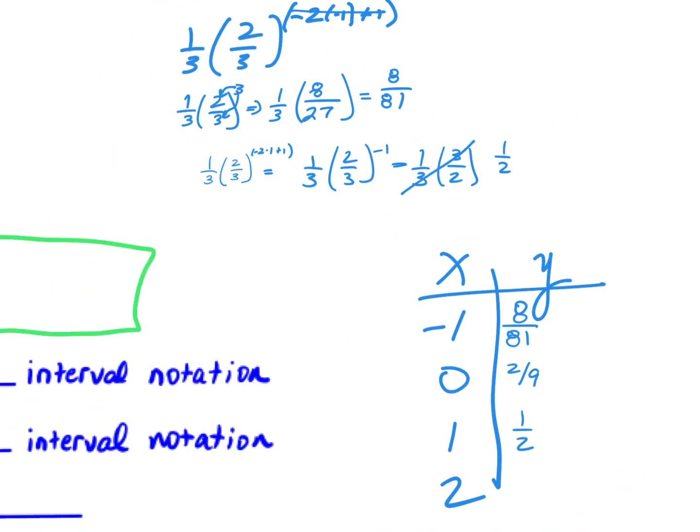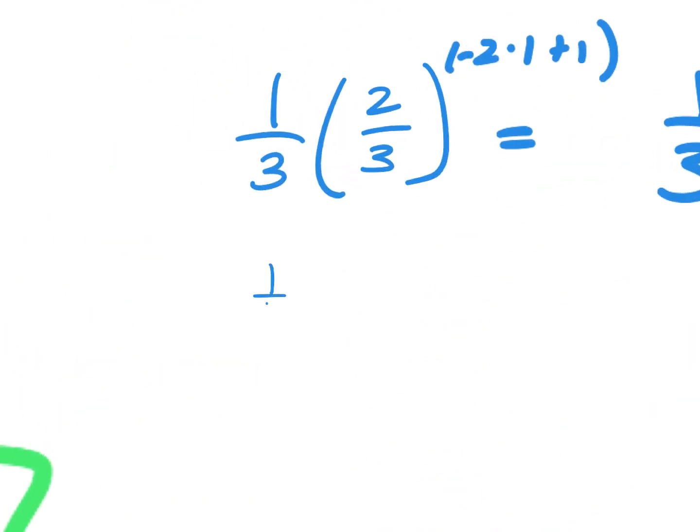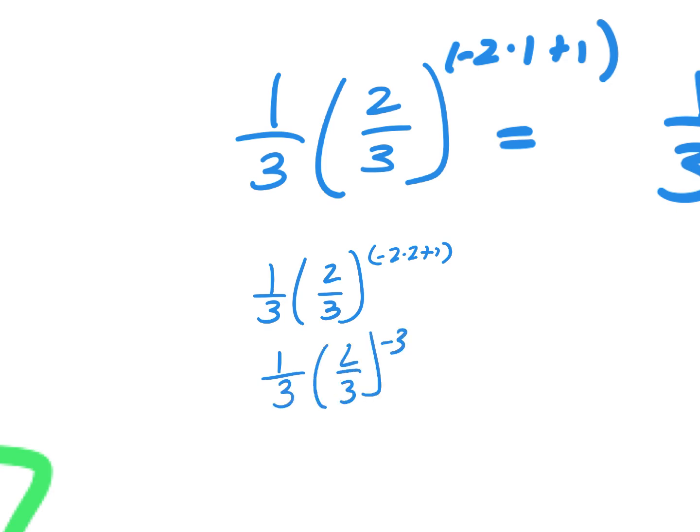Now the last one I'm going to do is plug in 2. So I have 1/3 times 2 over 3, and then I have -2 times 2 plus 1. What's -2 times 2? -4 plus 1 is -3. So you have 1/3 times 2 over 3 to the -3rd. What's another way I could write that?